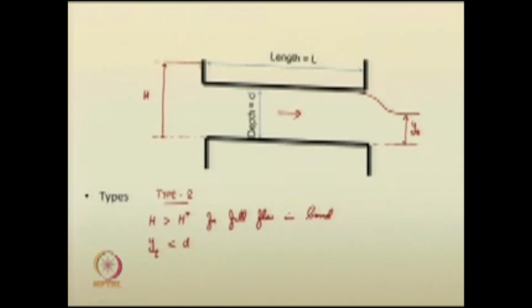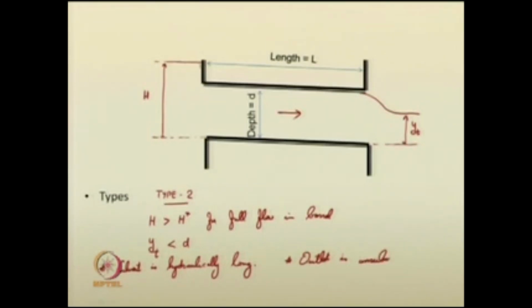Here the culvert is hydraulically long. You can also note the points: outlet is unsubmerged. The outlet is not submerged here. Such type of flow is called type 2.